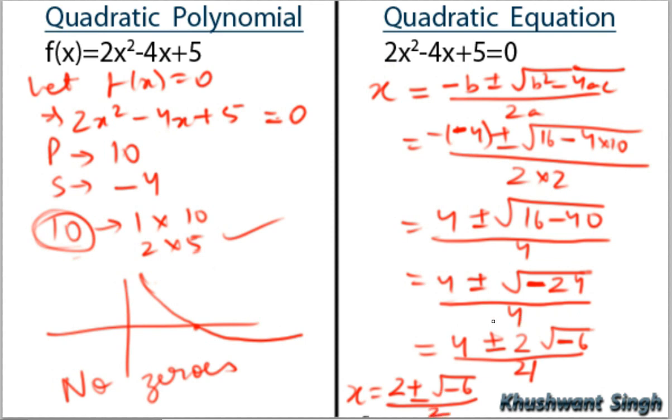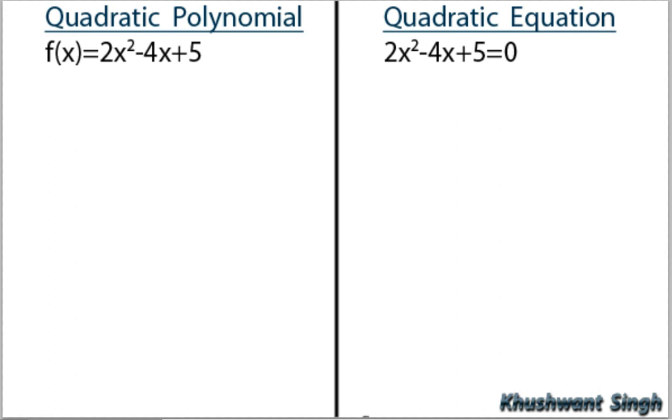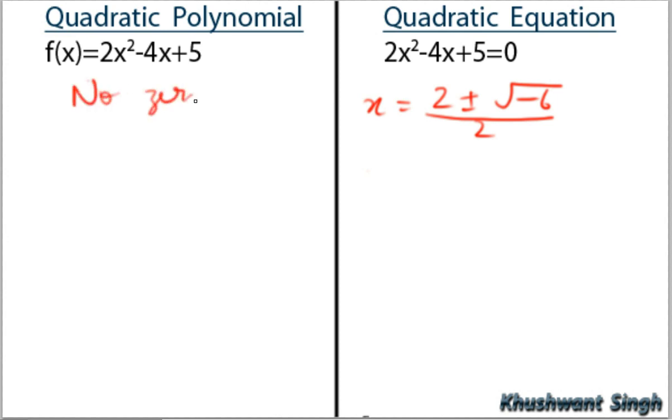So on the next slide, we had got x equal to 2 plus minus root minus 6 whole divided by 2. These are roots, and for zeros we wrote no zeros, according to the algebraic method.